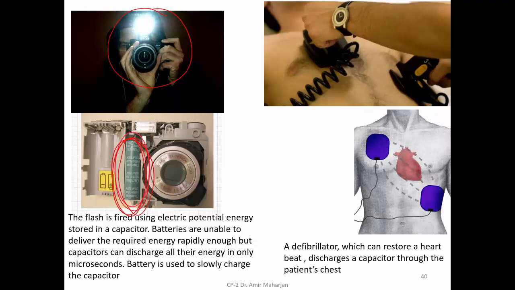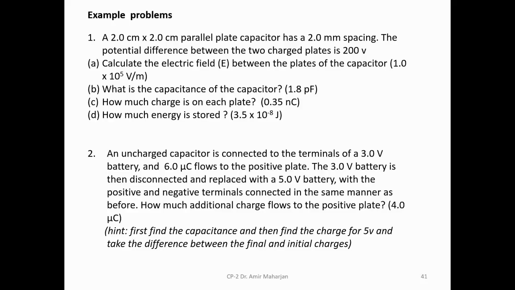And in this heart defibrillator, because in case of heart failure or heart attack, you might have to reactivate the electrical activity of the heart very quickly. So you're going to use these two terminals, right? One is positive. This is also a capacitor. So here you use the energy within a fraction of a second using capacitors. And there are some examples.